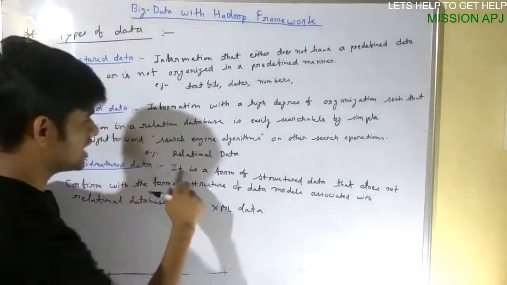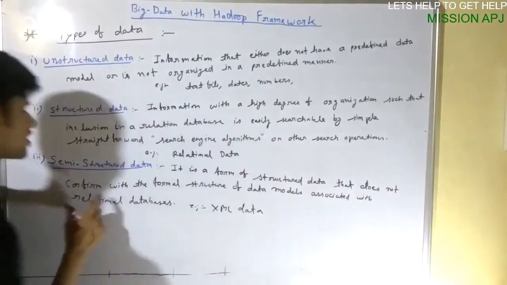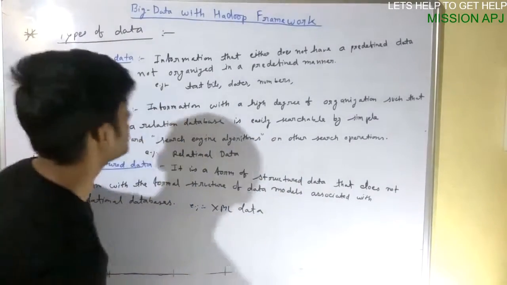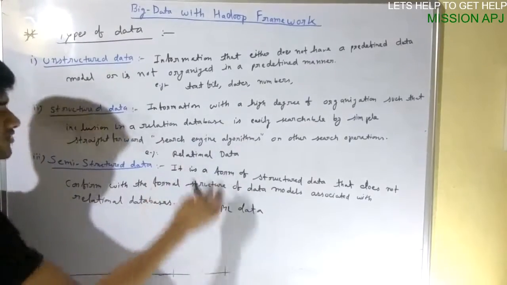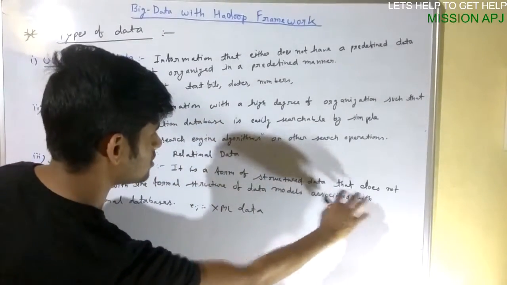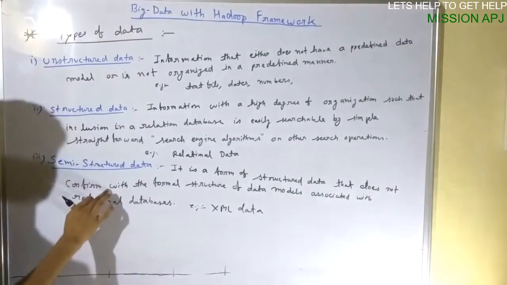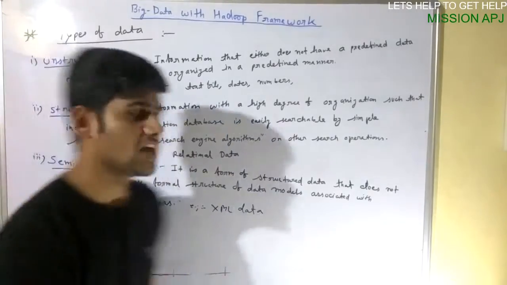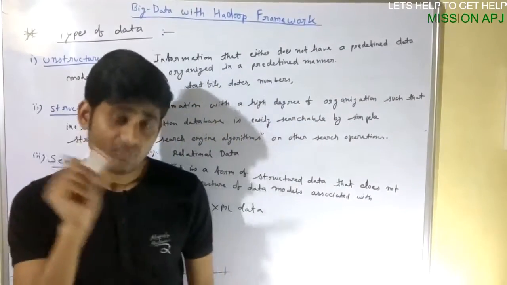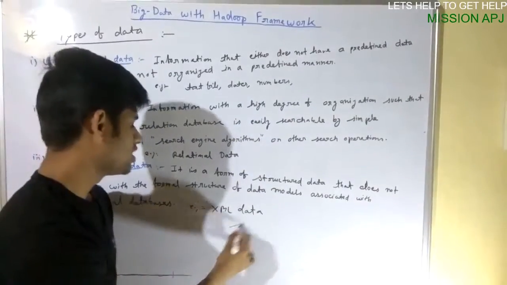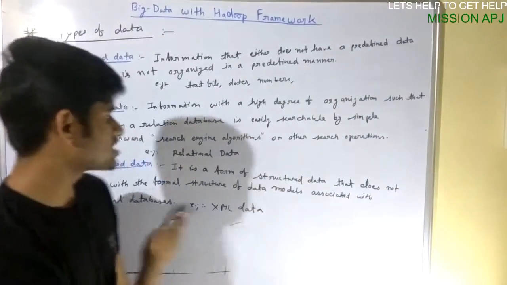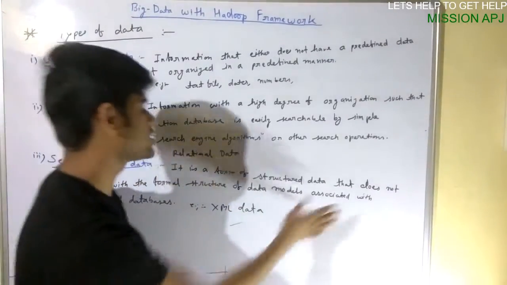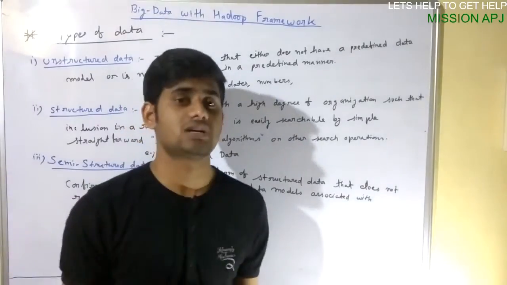Now, semi-structured data is a form of structured data that does not conform with the formal structure of data models associated with relational databases. In a relational database we have tags, but in an XML file we don't find such things. It is structured data, fine, but it does not resemble the very structured data models associated with a relational database.